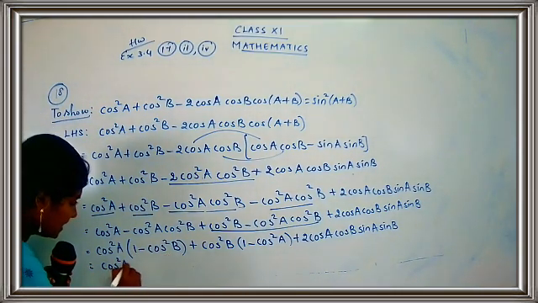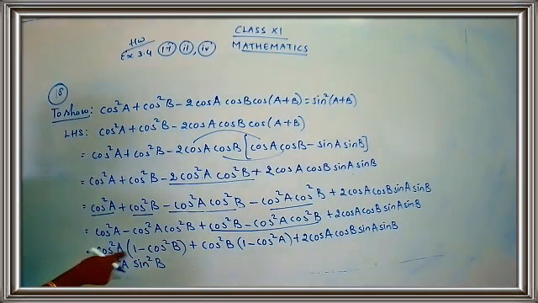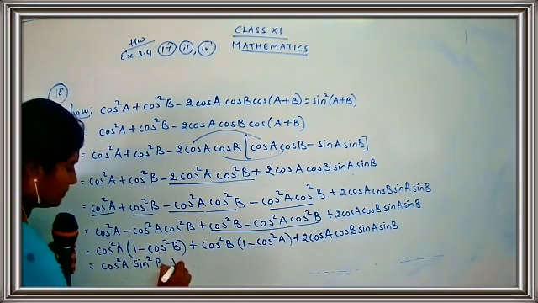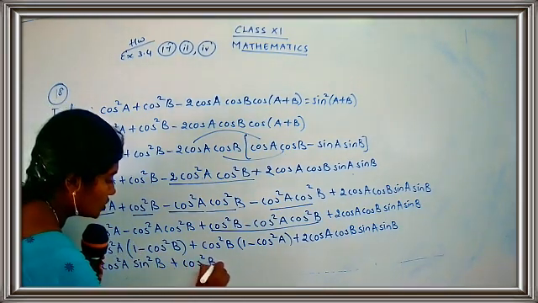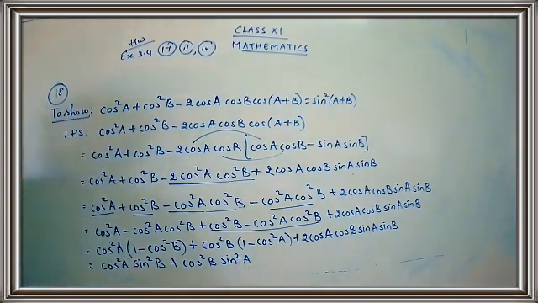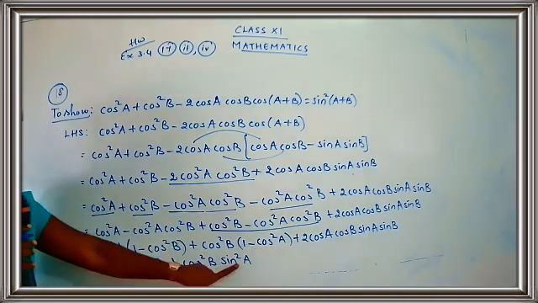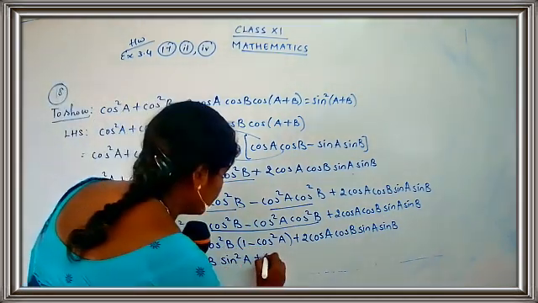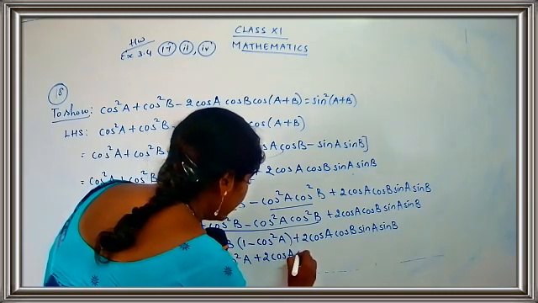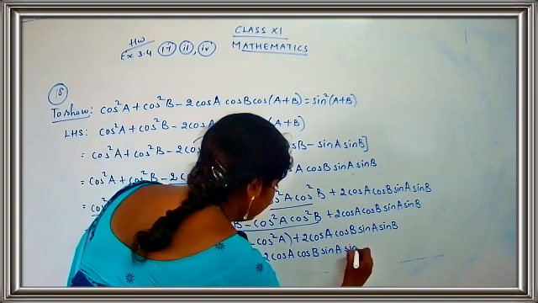Cos square A, sin square B, plus cos square B sin square A. 1 minus cos square A sin square A plus 2 cos A cos B sin A sin B.